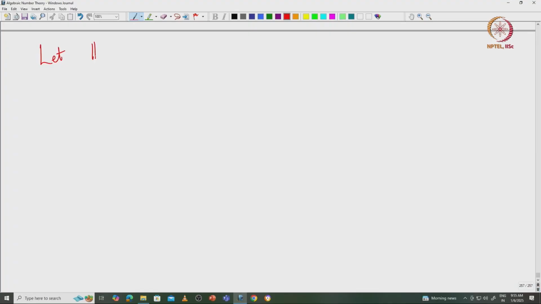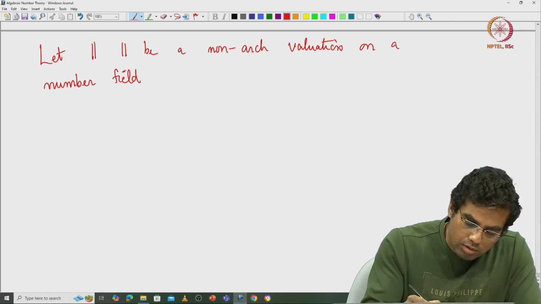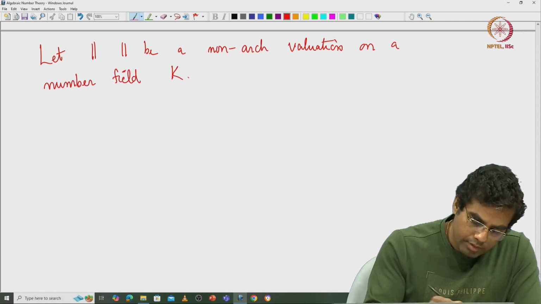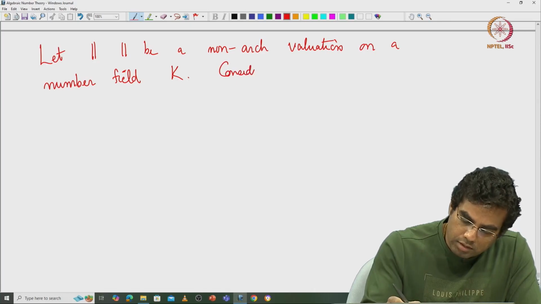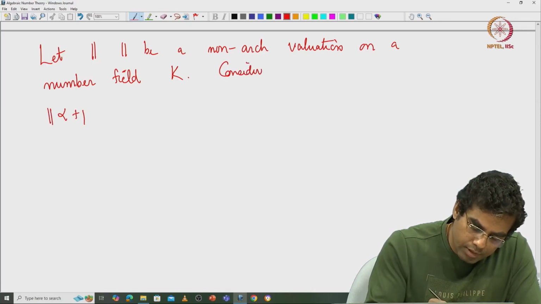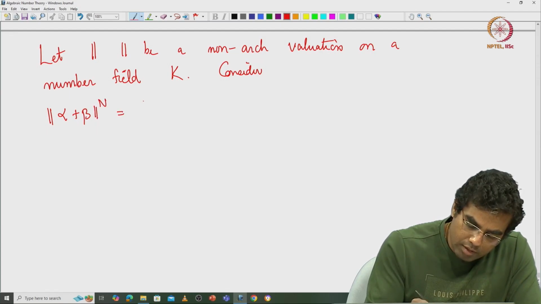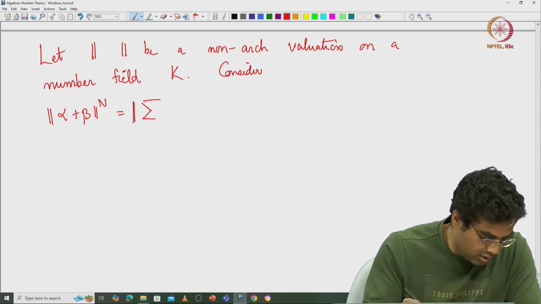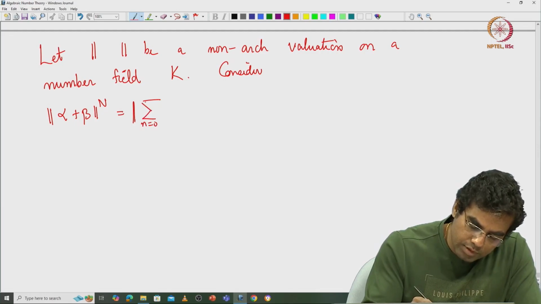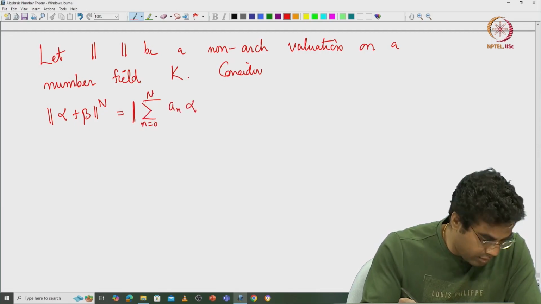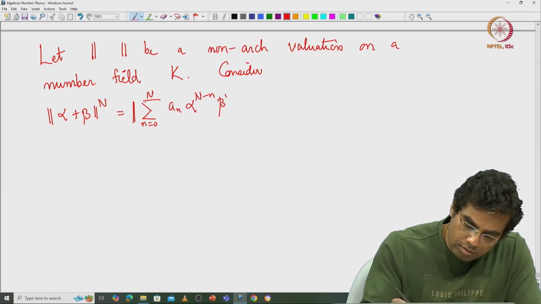So, let this be a non-Archimedean valuation on a number field K. Then what we do is we consider alpha plus beta to the power N for some large enough N. Now, you can use binomial expansion to write this as the sum over n going from 0 to N of a_n alpha to the n minus n, beta to the n.